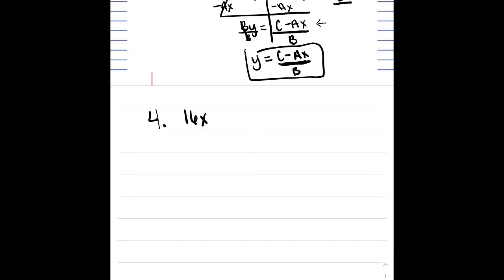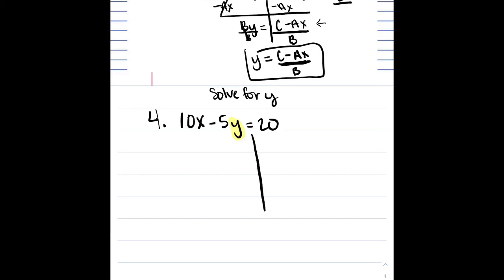So number 4 on the your turn problem says 16x, nope, sorry, I'm looking at the wrong problem here. It says 10x minus 5y equals 20. Okay, and I want to solve for y. It's telling me solve for y. So my goal is to get y by itself.